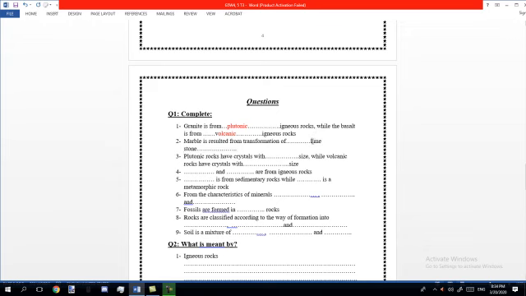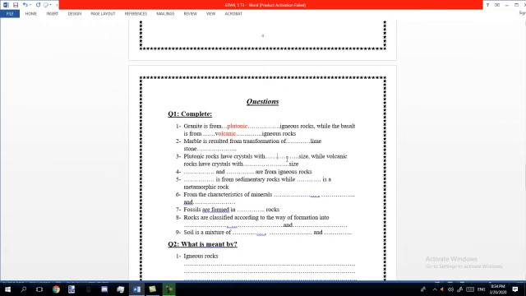Okay. Plutonic rocks have crystals with what size, meaning big or small, while volcanic rocks have crystals with what size? You can return back to your sheet and see the comparison between the plutonic and the volcanic rocks.